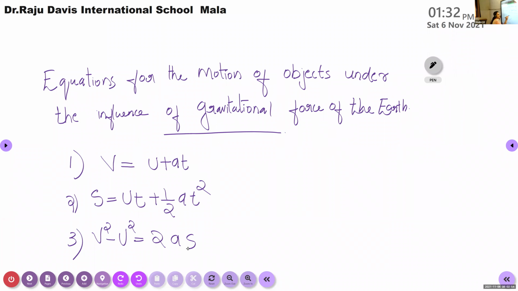So here we have a term a, which stands for acceleration. And this acceleration is possible if the object moves in a straight line. But here in this chapter, the object is in a free fall situation, that is, the object moves only under the influence of gravitational force.